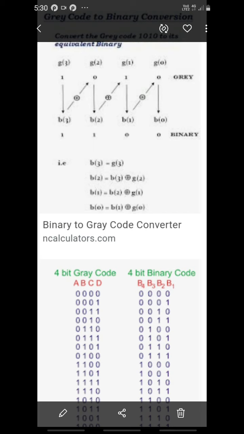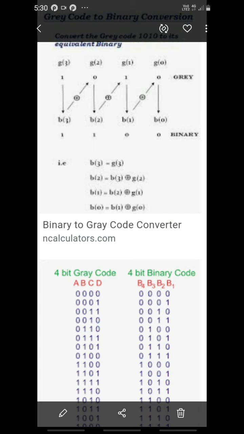So 1010, and take 1110. So 1 as is 1, and 1 plus 1 is 0, 0 plus 1 is 1, and 1 plus 0 is 1.